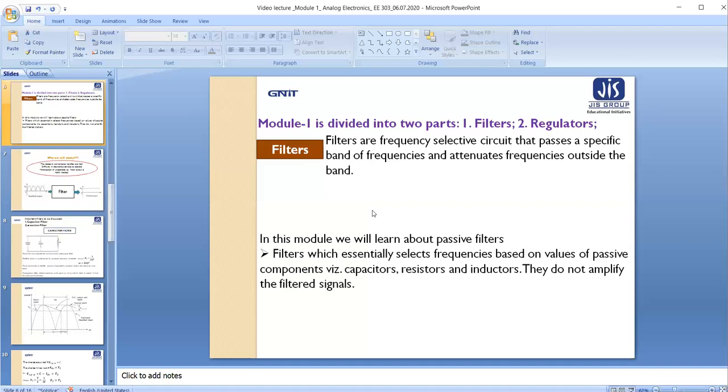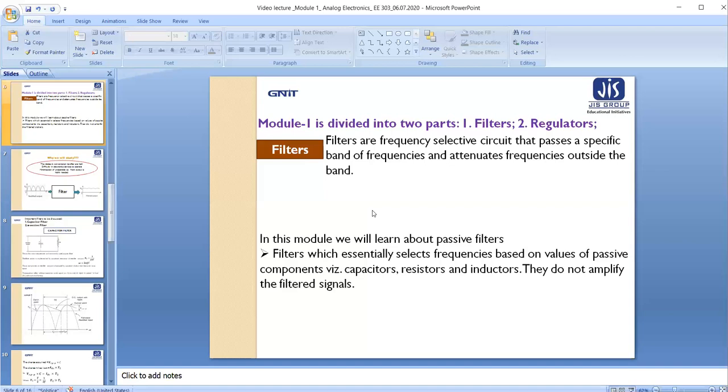Active filters, from the name, it implies that it has much more activity, meaning it is very dynamic. That means this type of filter not only filters out the undesirable frequencies, but it will also amplify the incoming signal.